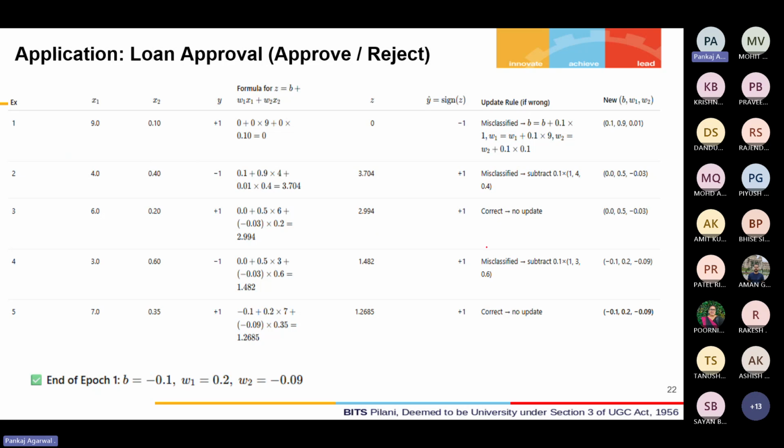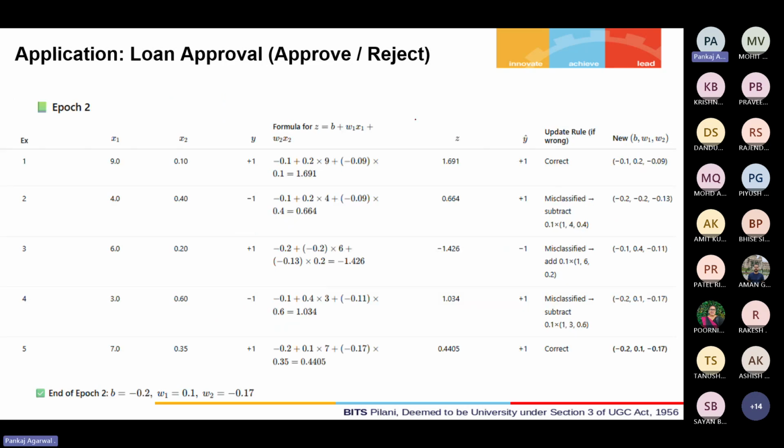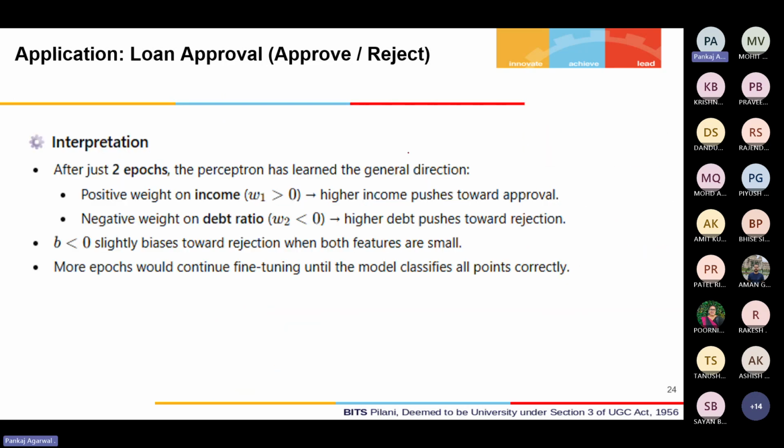This is just an example to show how the calculations would be done. I'm not taking it up because we are all aware of how these calculations take place and how the weights get updated. Just to show how it can also be used to solve a simple classification problem.